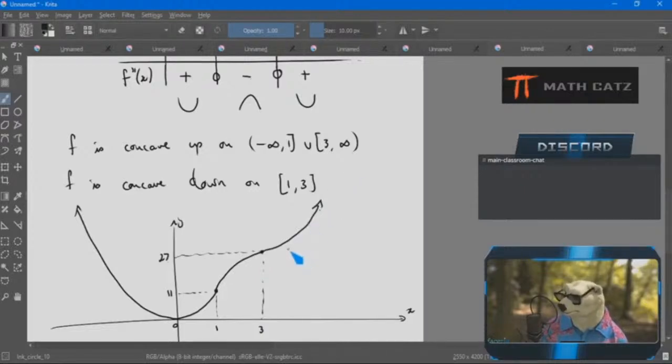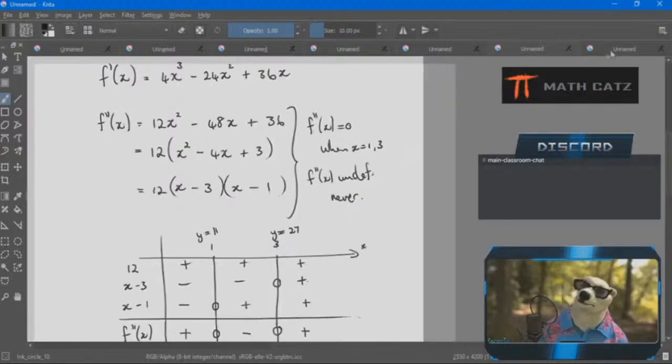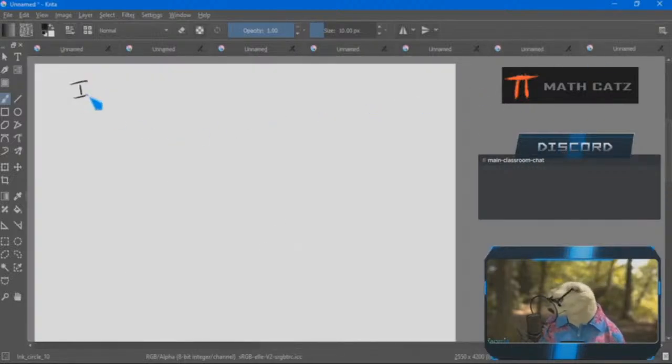Off to infinity. So I have up bend, down bend, up bend. So I have these important points that came from the check and the fact that there are points. We're going to call them inflection points.